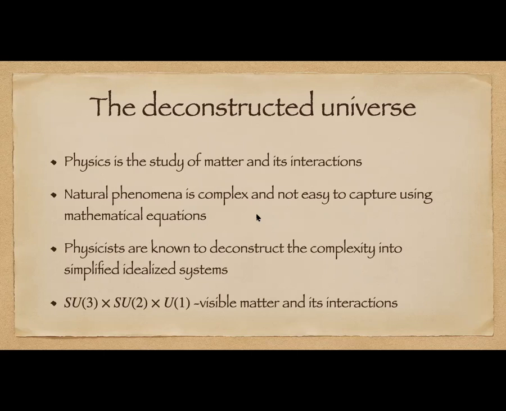And this is all mathematics. The structure of the Lie groups and the representations of the particles is a mathematical construct. And it is very, very surprising that all of visible matter and its interactions is described by this set of Lie groups. Why not SU5? Why not SU10?